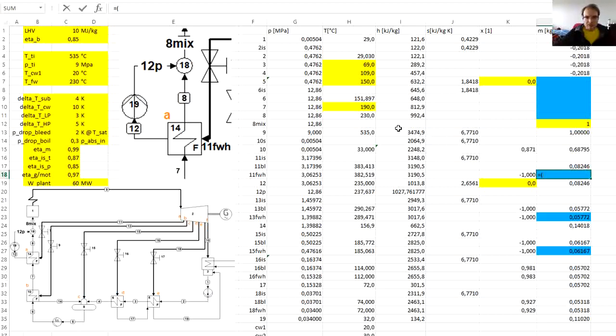So enthalpy at the point 8 minus enthalpy at the point 7, divided by enthalpy at point 11 feed water heater minus enthalpy 12 plus enthalpy 8 minus enthalpy 7.